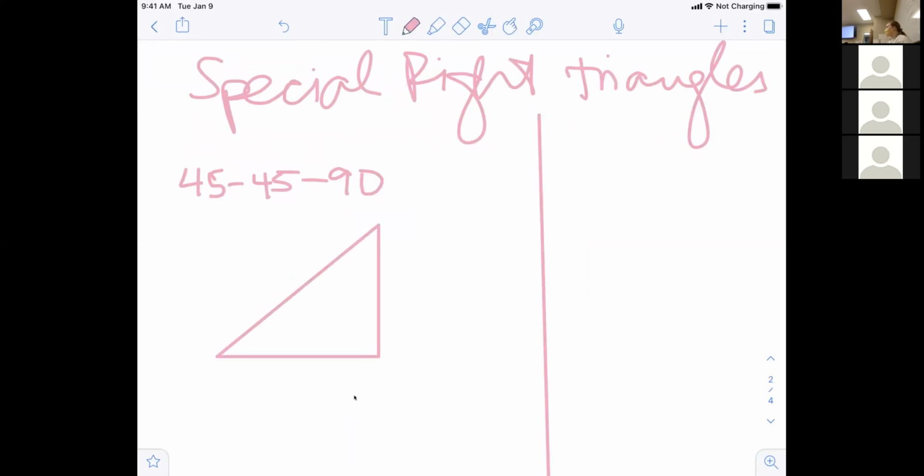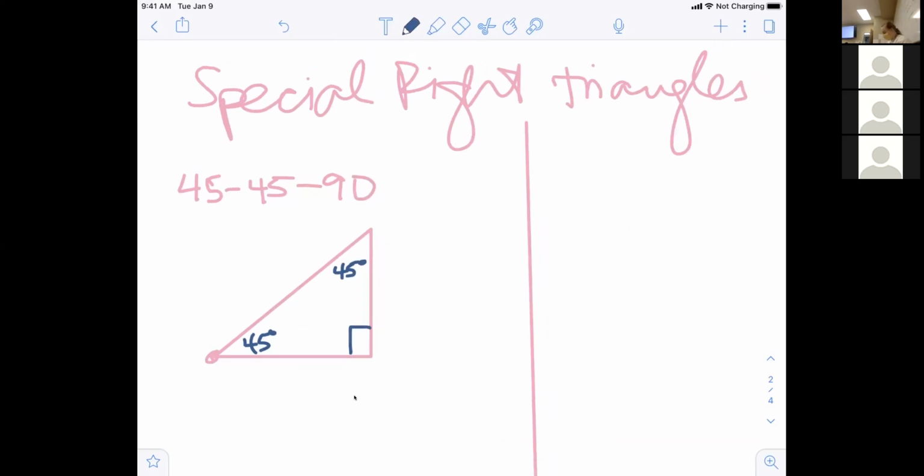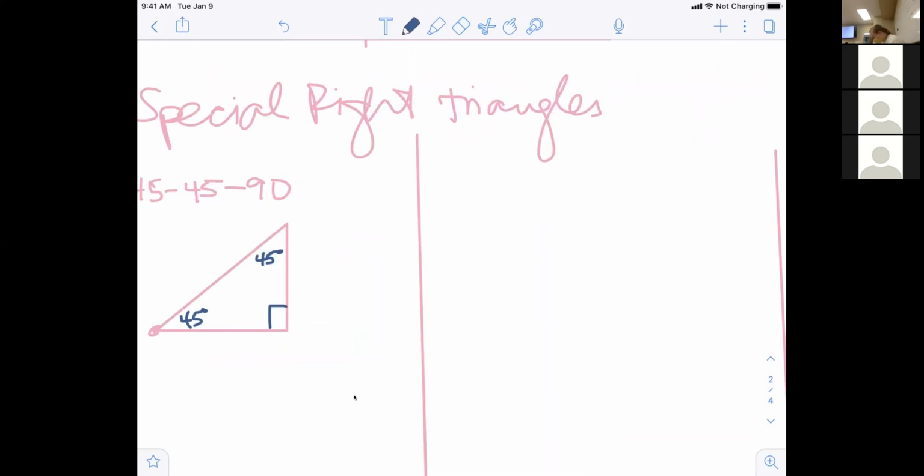I want us to be particular: I want the corner of the triangle to always be on the left, and the right part of the triangle to always be on the right. I know it's a particular silly thing, but I want it that way. These are 45, 45, 90. They look like this. We'll fill that in first, but let's keep doing the other triangles.